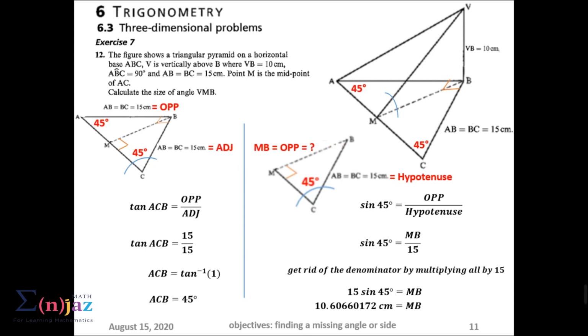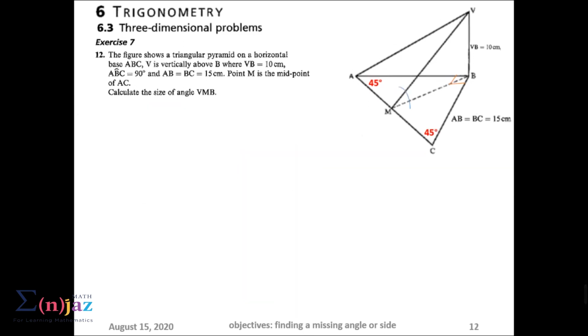Look at the right of the 6. 0 is less than 5, so it's not going to bring my 6 up, so the final answer will be 10.6 centimeters. Now, as we found MB, we're going to draw a little sketch for the sectional triangle MBV or VBM.